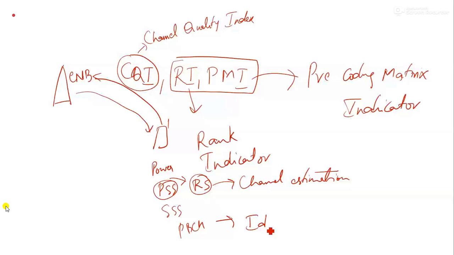That index value is the one mentioned in this table. For example, if my CQI value is 1, that means the network understands that it needs to send QPSK modulation with a code rate of 0.10149.